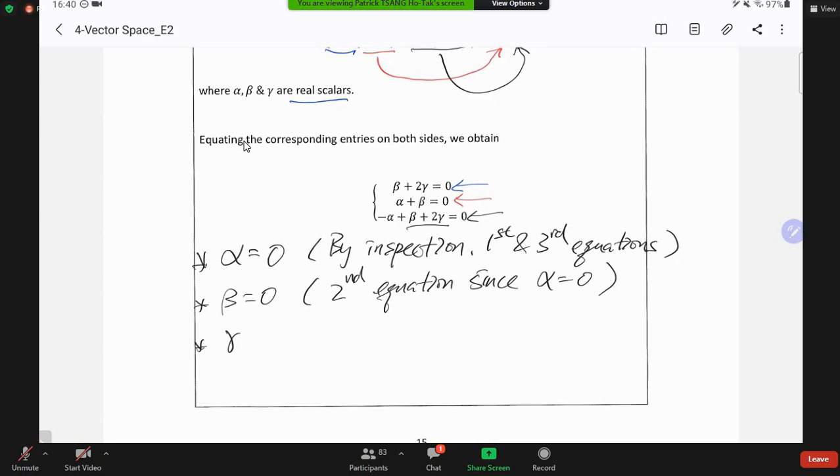For the first equation, if alpha and beta are 0, then naturally you should be able to know that gamma is 0 again, by inspection. Or you can argue that you want to use the third one. Why not? If alpha and beta are 0 at the same time, the same conclusion holds. So alpha equals beta equals 0.